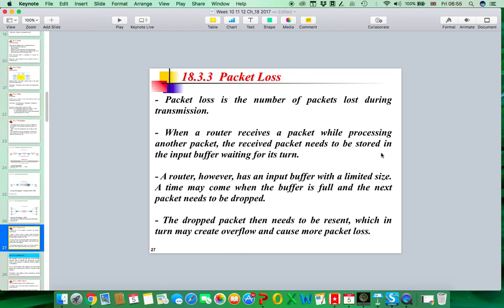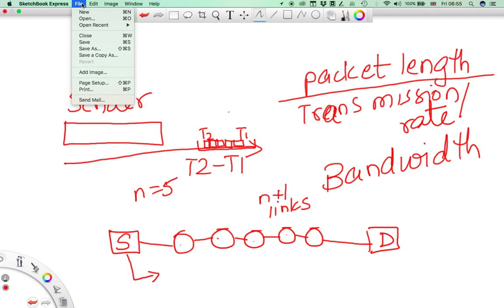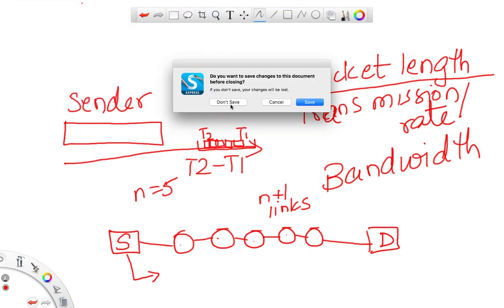So when a router receives a packet while processing another packet, so why do we have packet loss? It's because in this case, we said we have the router, right? We have the router here, and we have the input queue, and we have the output queue.